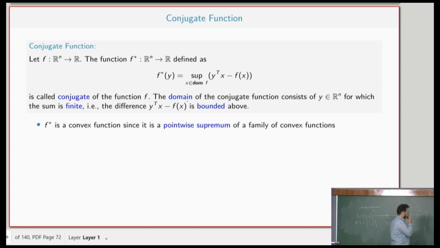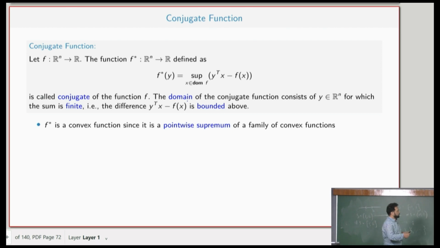What is important to note here is that f star is always a convex function, regardless of whether f is convex or not. This is interesting because f can be non-convex, but if I can work with the conjugate, it's always convex. The reason is this supremum term. f star is convex because it is a pointwise supremum of a family of convex functions.